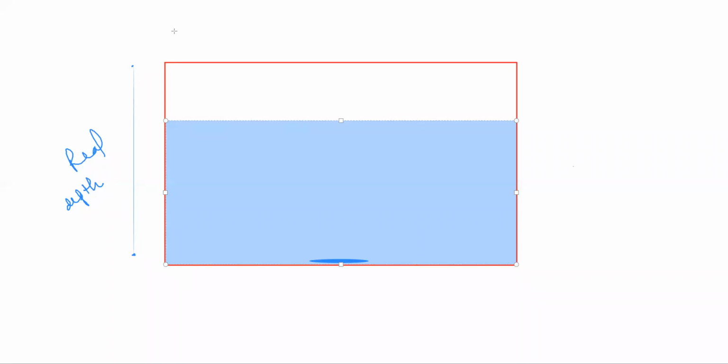This is all air, and this is all water. So I write down here that this is air and this is water. Water is a denser medium, and air is a rare medium.